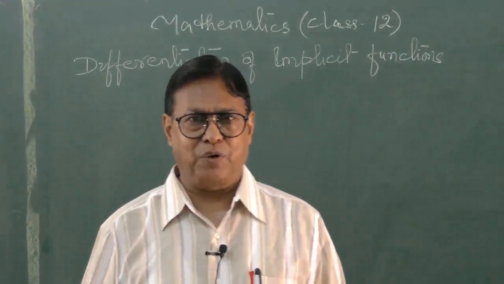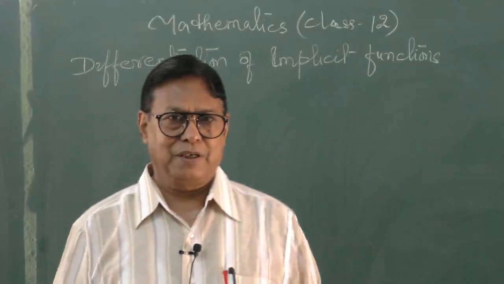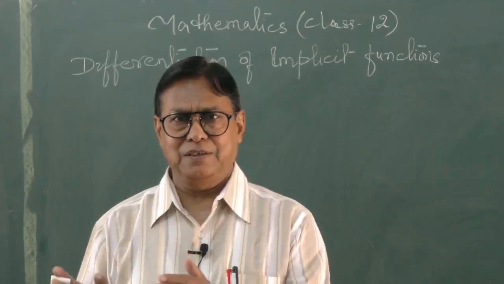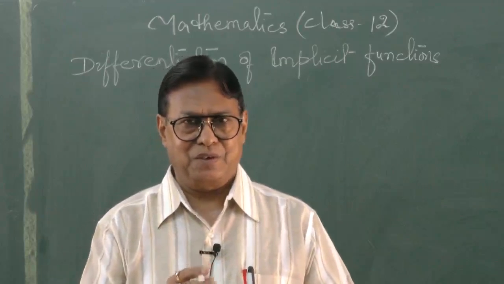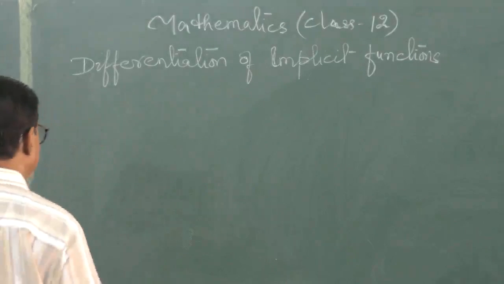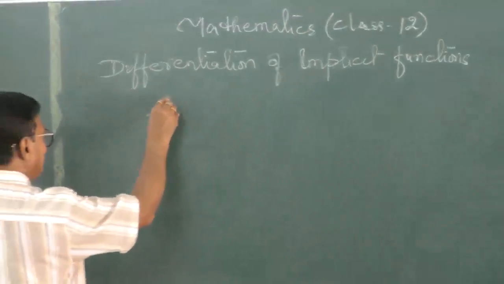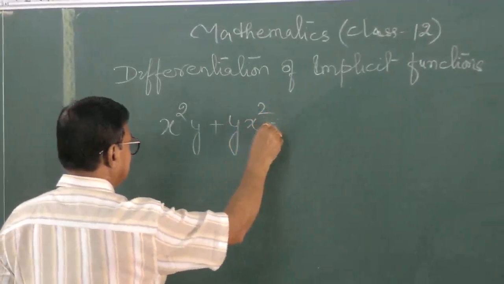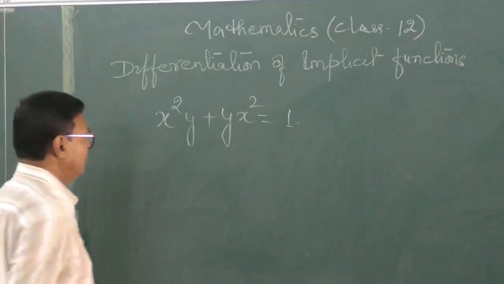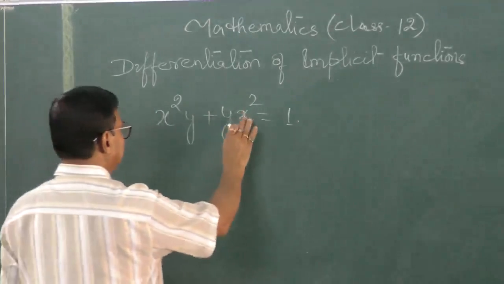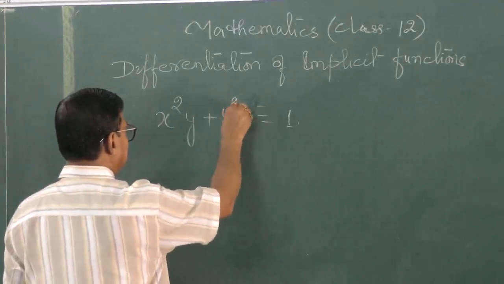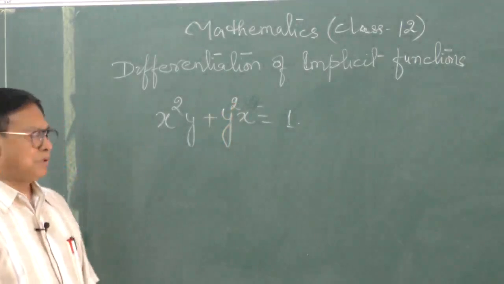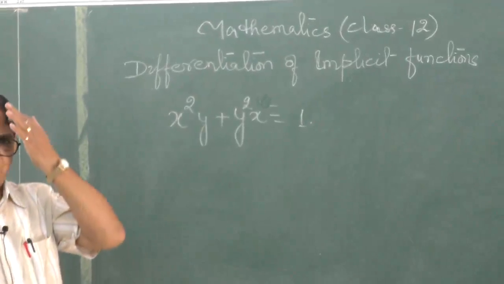But what we have done so far, if you look at the problems, it is basically y is a function of x. Y is one side, x on the other side. But supposing there is a function like this: x square y plus y square x is equal to 1.